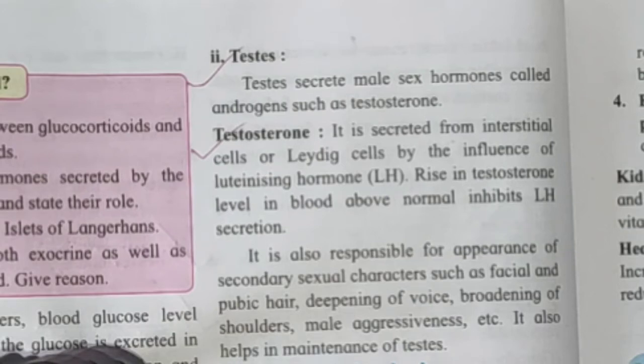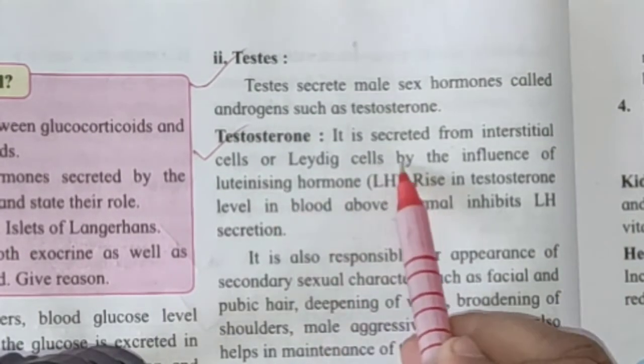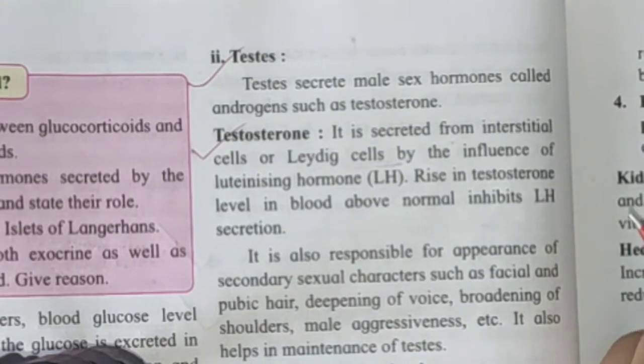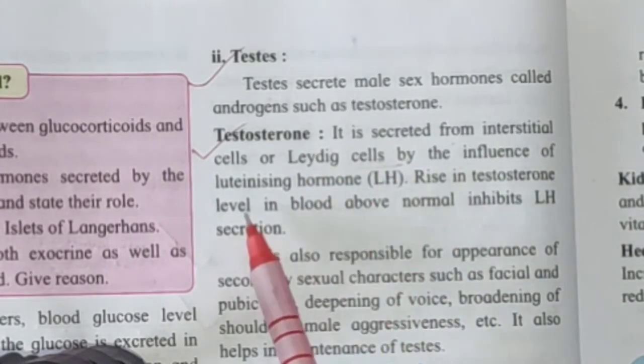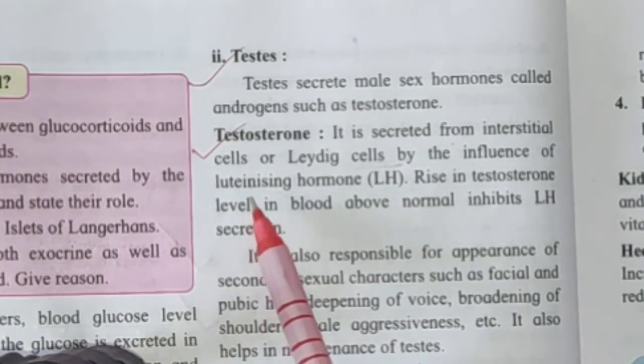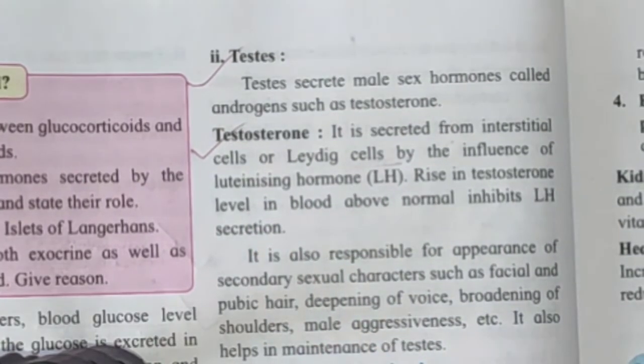We have already seen in the TS of a testis there are small cells present, and these cells are called Leydig cells. And these Leydig cells are stimulated by the LH hormone. LH means luteinizing hormone.